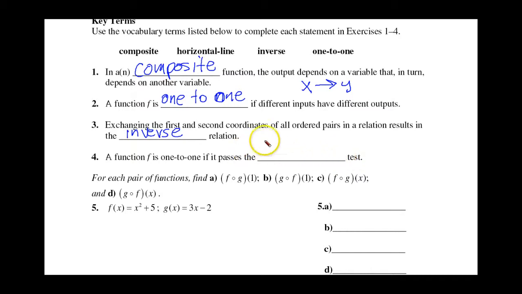And that was the horizontal line test. Okay, so those weren't too bad, and these were the things we've talked about.